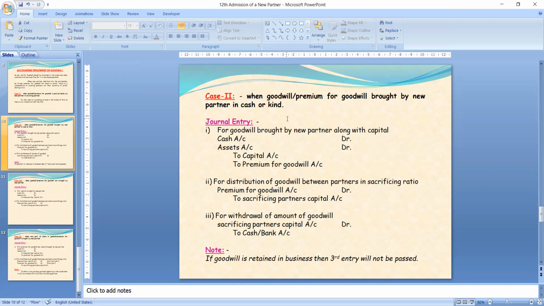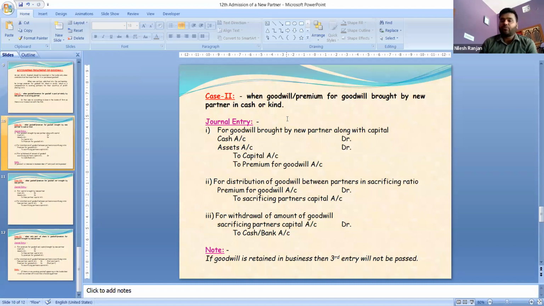Capital account. What, for starting the business with cash? Journal entry. Cash account. Only cash account? Journal entry always has two sides, one is debit, the other one is credit.